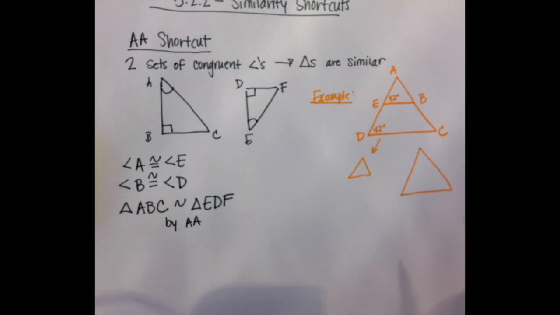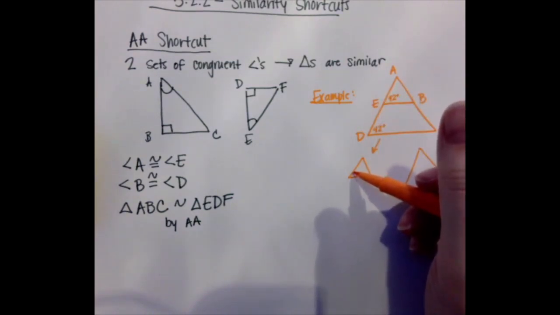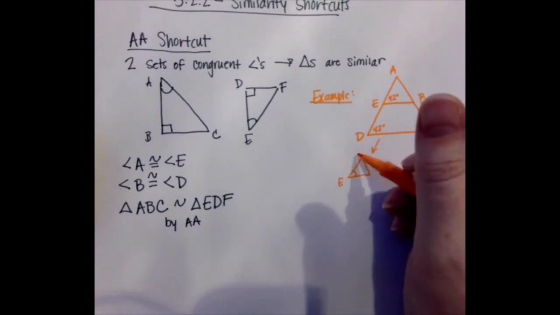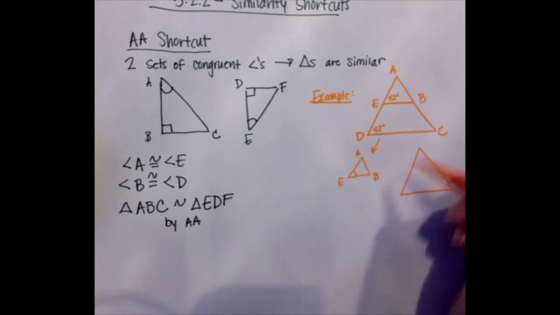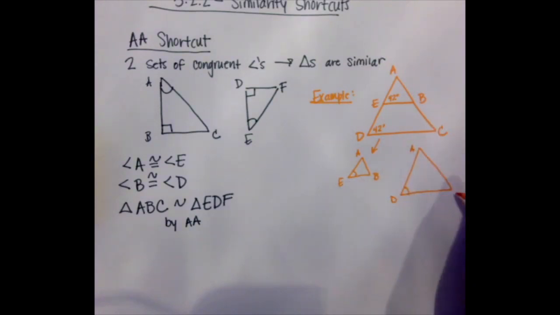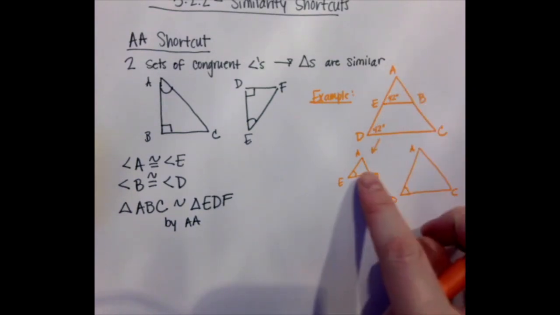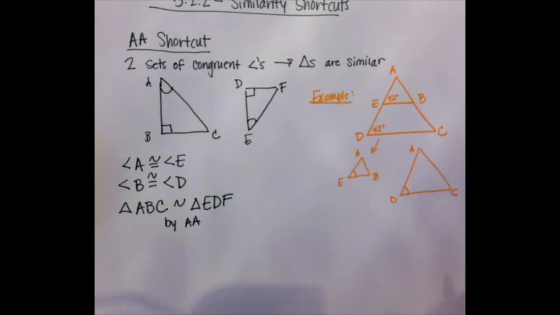But what you need to find is 2 angles that are congruent. And right now we know that angle E is the same as angle D, because they are both 42 degrees. But then, because this is like a triangle within a triangle, you can see that both of the top angles are angle A, correct?